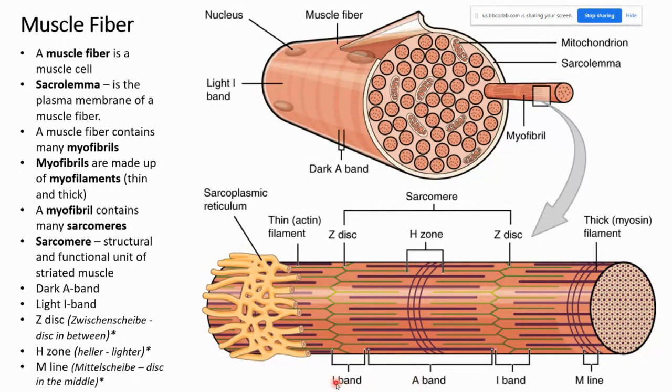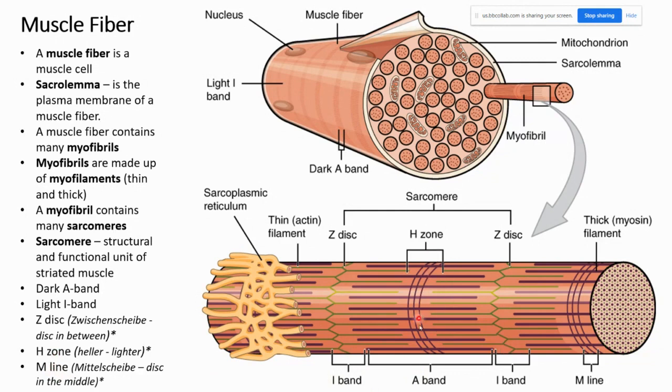The letter I is the only vowel in light. So that worked out nice that way. The Z disk exists in the center of one I band, the center of a light band, and there's the center of the next light band. So there's the Z disk.